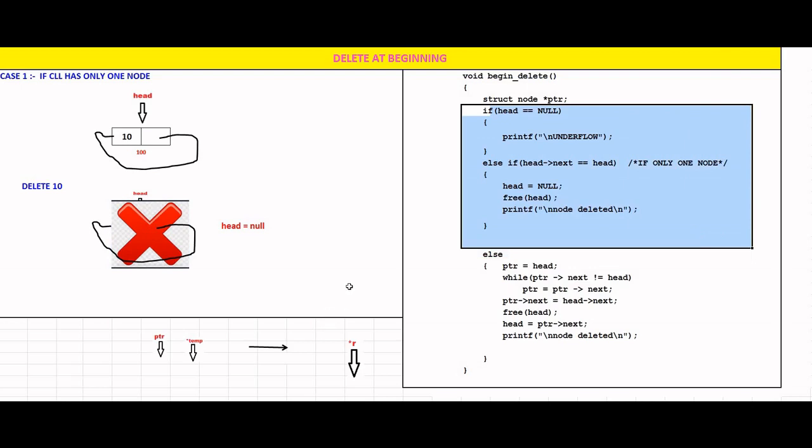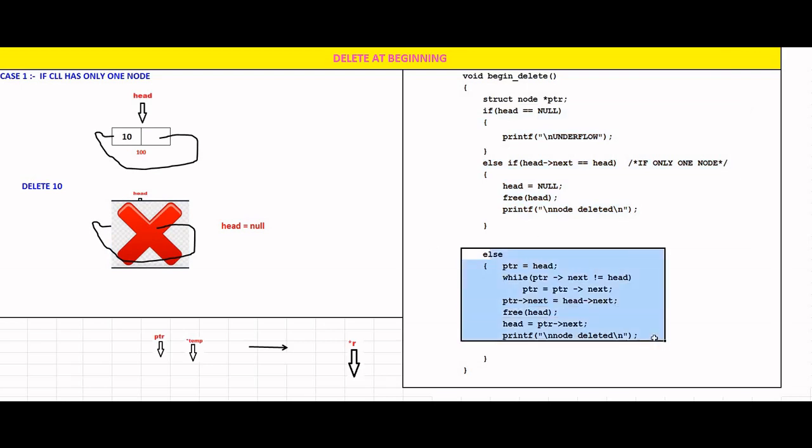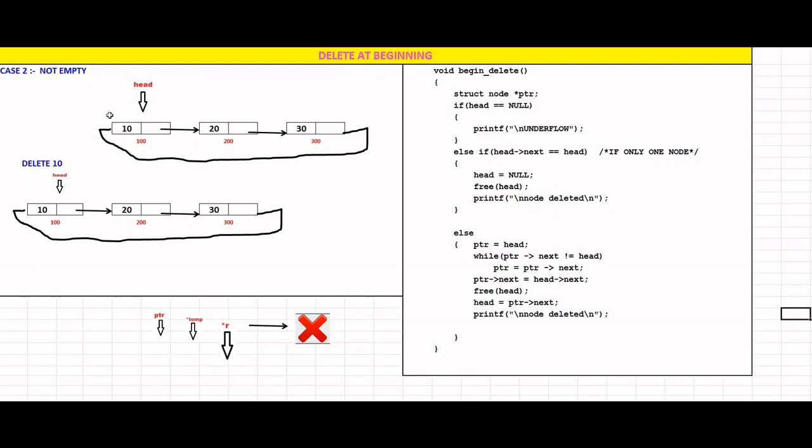Now we are going to focus on this code in case 2. So if your linked list is not empty and you want to delete the element from the beginning, with nodes 10, 20, 30, we perform deletion at beginning, so 10 will be deleted. How? After deleting 10, 20 will be your first node.